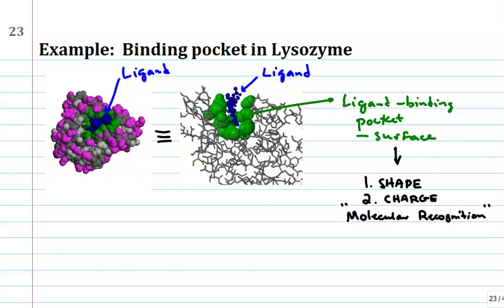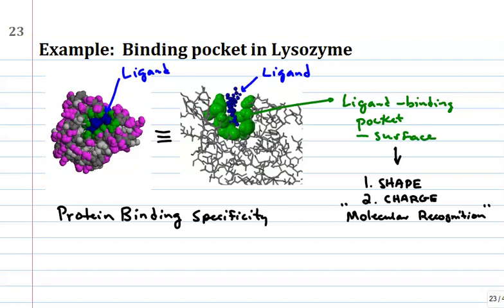Now, there are two other things we're going to encounter as we move forward in this class. Binding specificity. Protein binding specificity. If you're a protein, do you bind just one particular ligand?